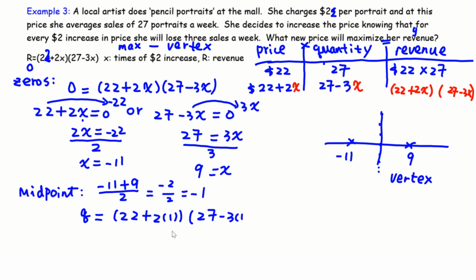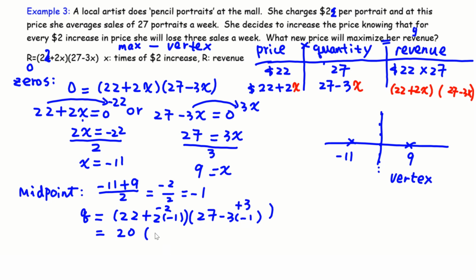Then you will have 22, 2 times negative 1 is minus 2, you have 20, then times 27 minus 3 times negative 1 is positive 3.